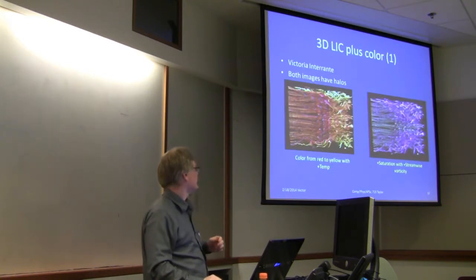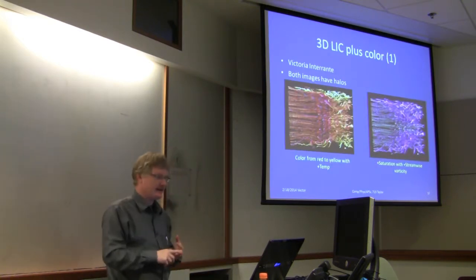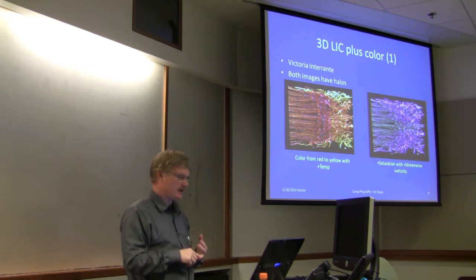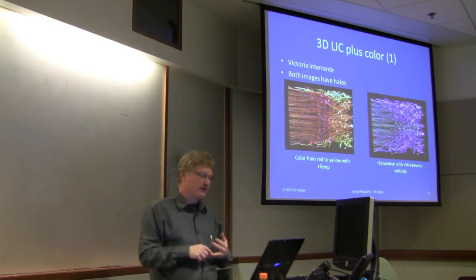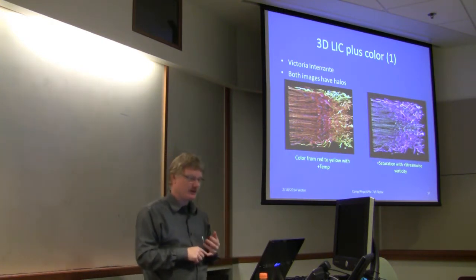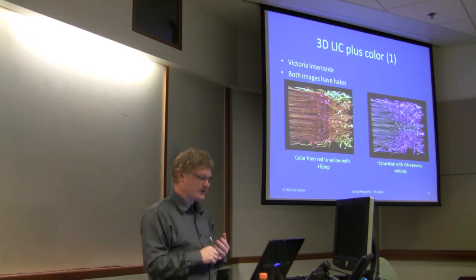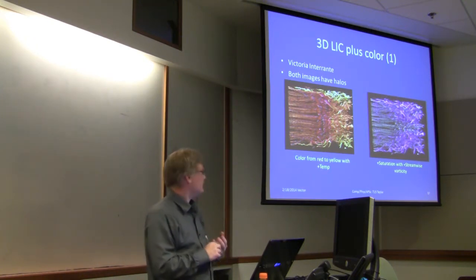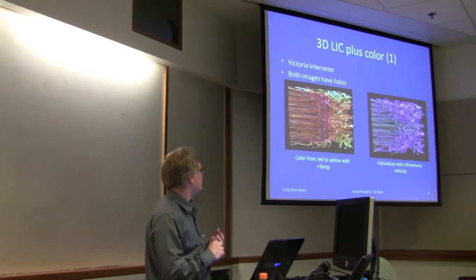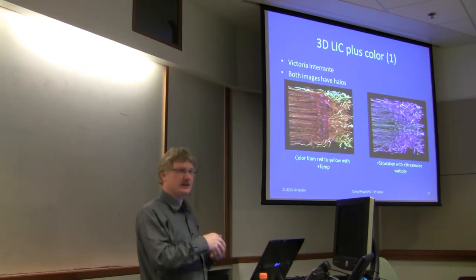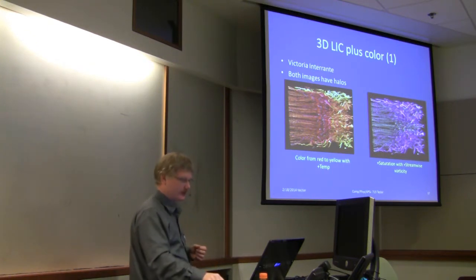All right, so this is basically adding on halos plus colors. On the left, colors from red to yellow with increasing temperature, and on the right, it's more saturated with streamwise vorticity. And so you can again add to the texture some other scalar field information.